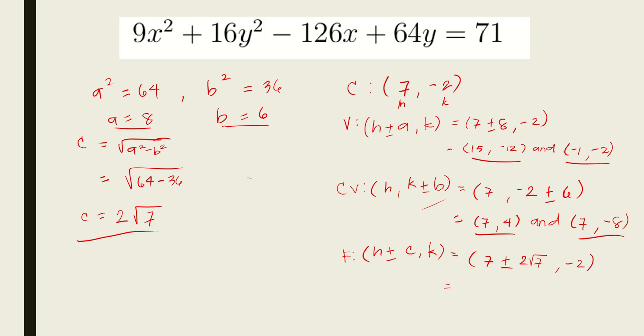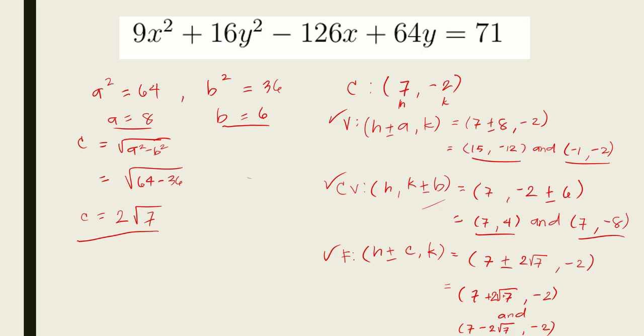That is 7 plus 2 square root of 7, comma, negative 2, and the other one is 7 minus 2 square root of 7, comma, negative 2. And we already completed the needed properties, which are the vertices, the co-vertices, and foci.